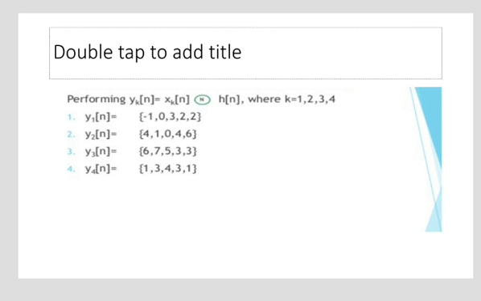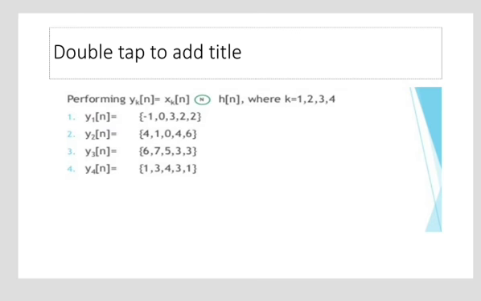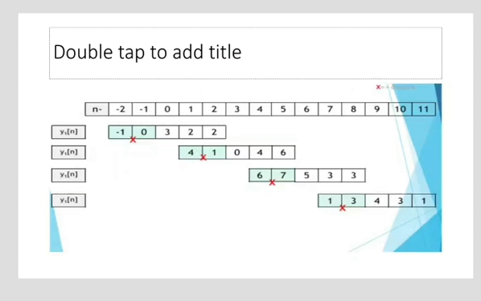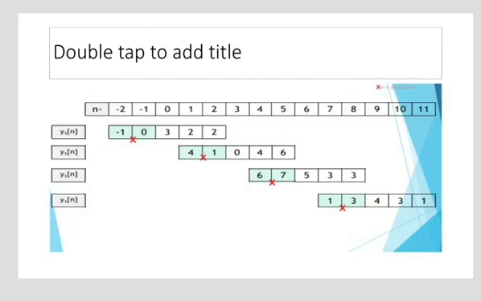The value of y2(n) is 4, 1, 0, 4, 6. y3(n) is 6, 7, 5, 3, 3. y4(n) is 1, 3, 4, 3, 1. Now the next is we have to specify these values in this format. So n is -2, -1, 0, 1, 2, 3, 4, 5, 6, 7, 8, 9, 10 and 11.